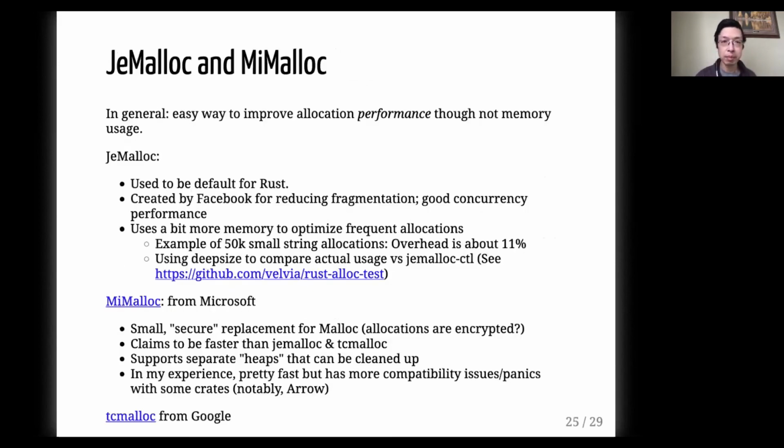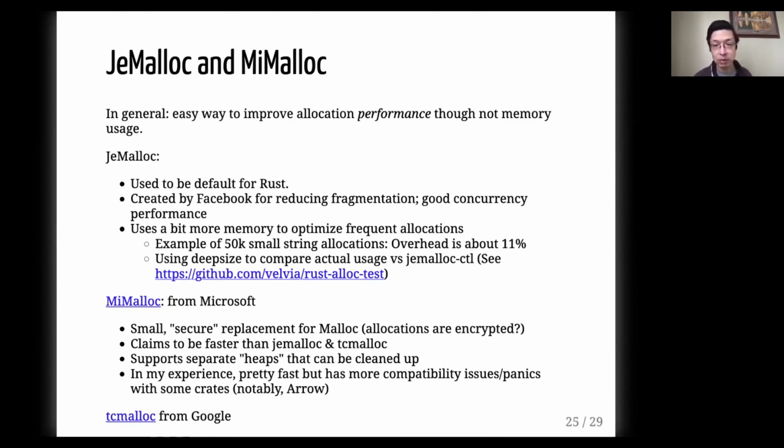Okay. And just really quickly, we'll talk about a few extra memory allocation topics. In Rust, you can switch the memory allocator. There are two popular alternatives to the standard allocator. One is jemalloc, which originally came from BSD, but it was popularized by Facebook and was created for reducing fragmentation and concurrency.